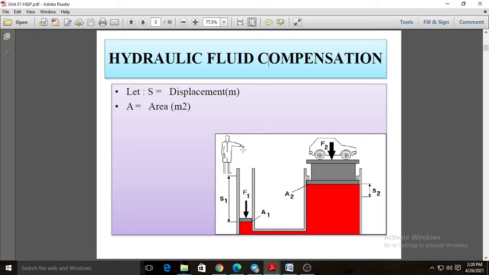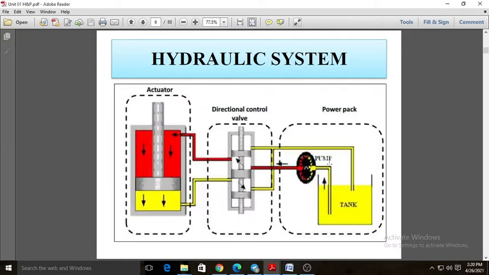Because of the force applied at point 1, and this force passes through the compressed fluid and lifts the vehicle. Okay, we will see this in depth. This is just an introduction to where we practically use the hydraulic system, for lifting a vehicle. So simple.